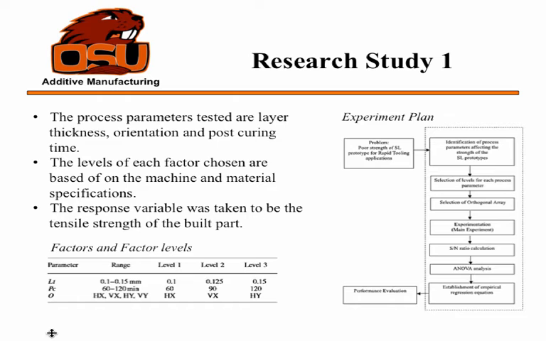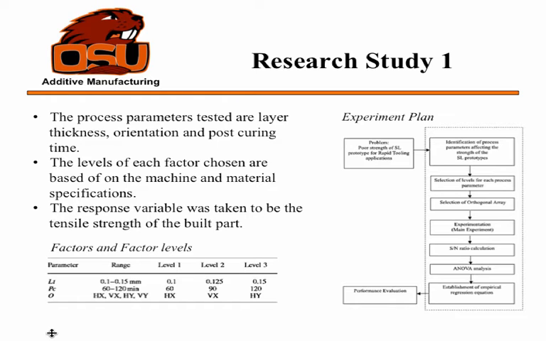The process parameters tested are layer thickness, orientation, and post curing time. Post curing time, they say, is not mostly a process parameter, but once the part is built, post curing is one of the most important things they have to do, so it has to be included. These are the levels of each they've chosen.